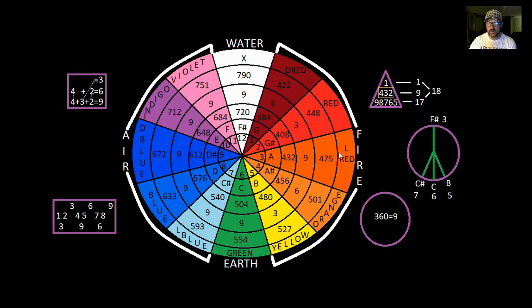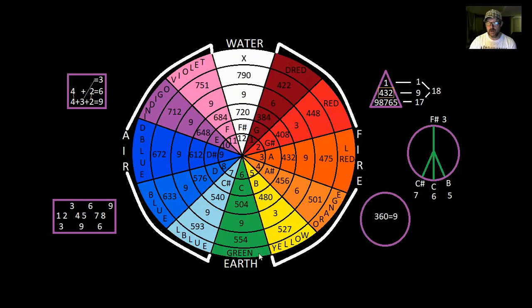Then we get out to the actual name of the color. Okay, and then we get out to the 4 elements. So we've got the colors on the outside here, and then we've got the element that these colors, these frequencies, the 369 code, the tone, the note, and the number are all associated with: fire.